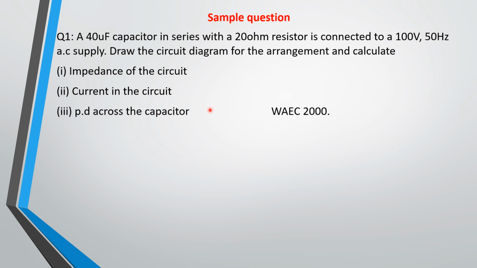I have already drawn the circuit diagram, which is what you have here. The way we solved the previous questions is the same thing you are going to apply here. There is no ambiguity in this question.